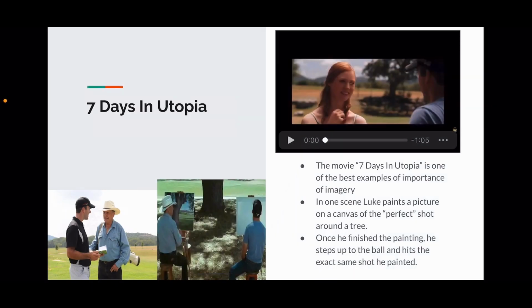So the best example of imagery in golf that I can think of is a movie called Seven Days in Utopia. This movie is also based on a book. In this movie, the character Luke Chisholm is a young golfer who wants to take a shot at being a pro. Luke, however, has a big blow up and it makes national news.